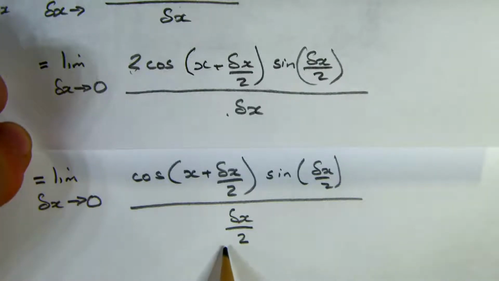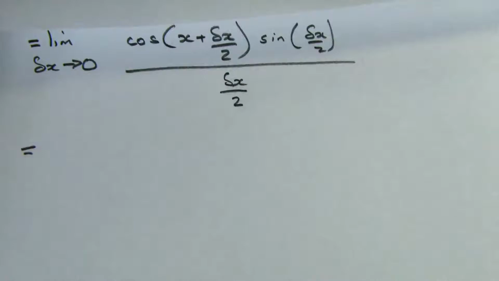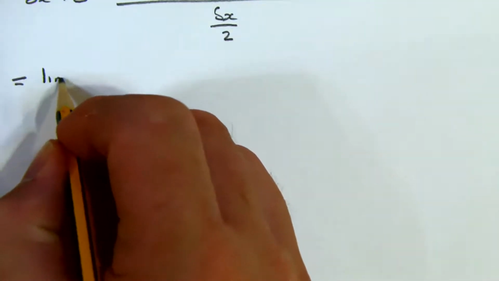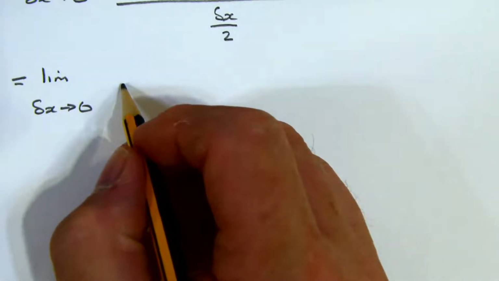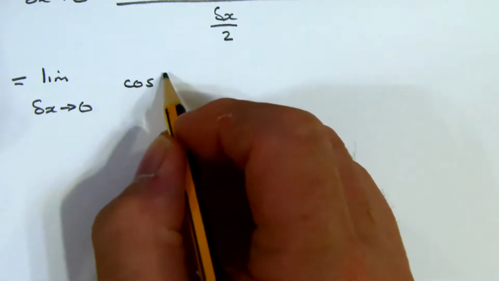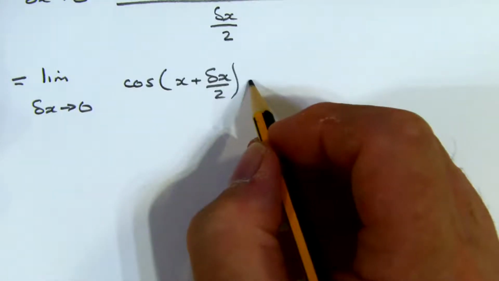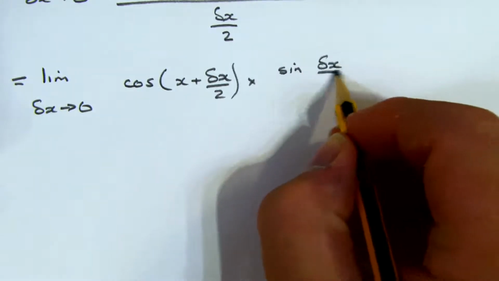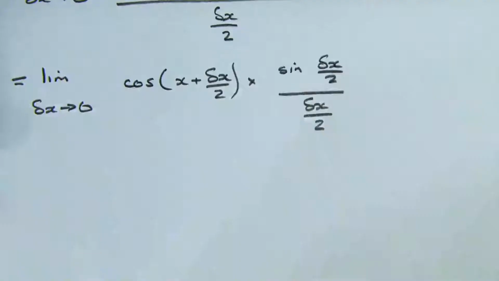So let's simplify this a little bit more. I'm just going to split this fraction. So the limit as delta x approaches 0, we're now going to have cos of x plus delta x over 2 multiplied by the sine of delta x over 2 over delta x over 2.